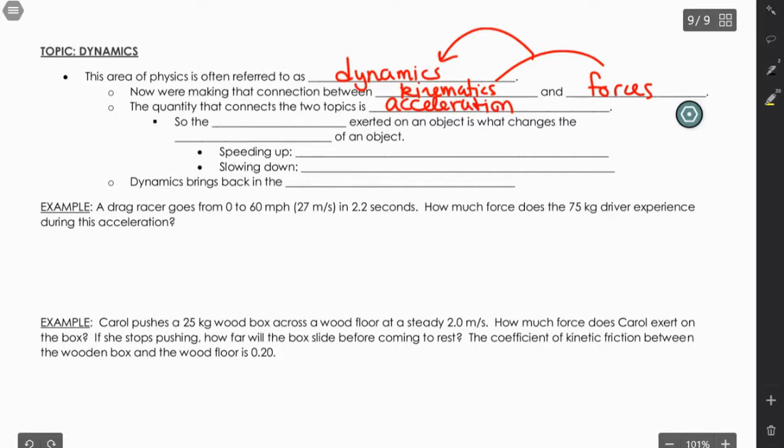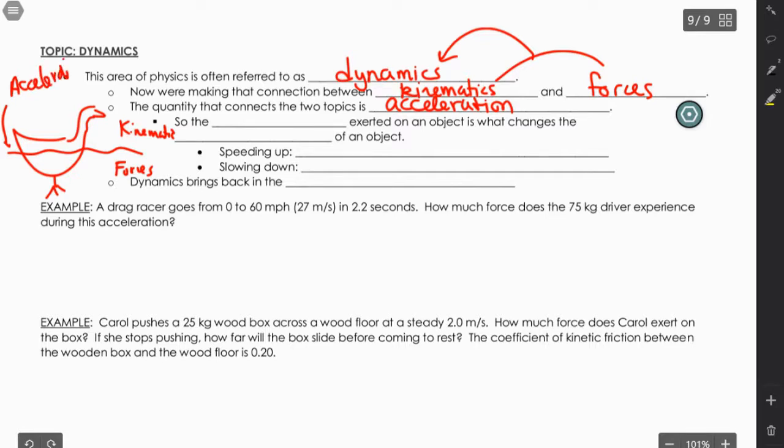So if we refer back to our duck on a pond, right? So here's our duck sitting on this pond, right? Above the water, kinematics, right? Below the water, forces, okay, right? And then the water line, acceleration.